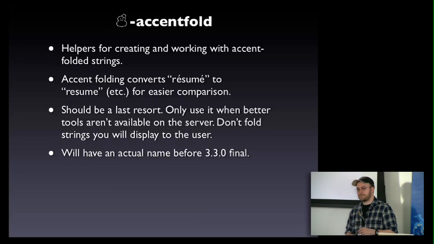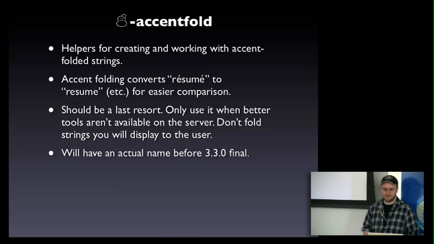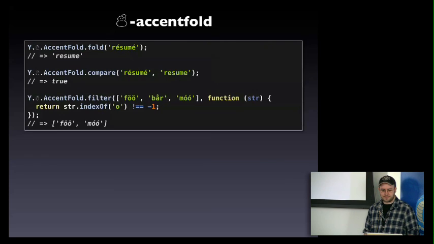We're doing this pragmatic subset that will maybe give you a rough way of comparing accent-folded strings. But if you can, you should absolutely do this on the server. You're going to have much more comprehensive data sets available to you there, and it'll be faster probably than doing it in JavaScript. And this will have an actual name before we do the final release of 3.3. So that's what it looks like, just some utility methods. You've got a method called fold that will take a string, return the folded version.